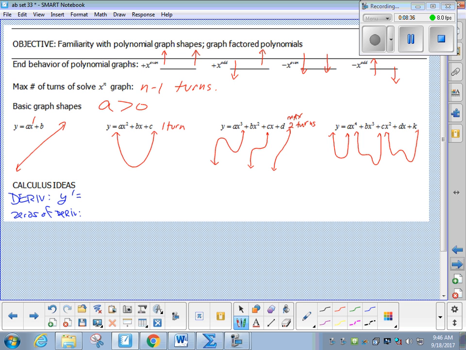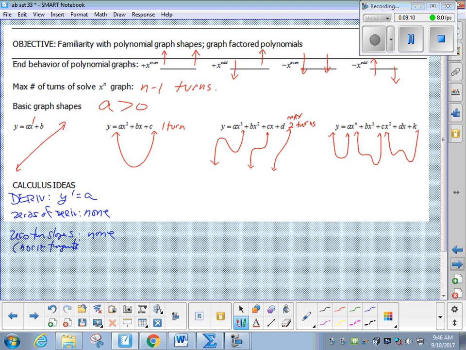Y prime equals a, okay? How many zeros does that have? It has none. No solutions. Now, if it has no zeros of the derivative, then it has no 0 tangent slopes. 0 tangent slopes really mean horizontal tangents. So it has no horizontal tangents.